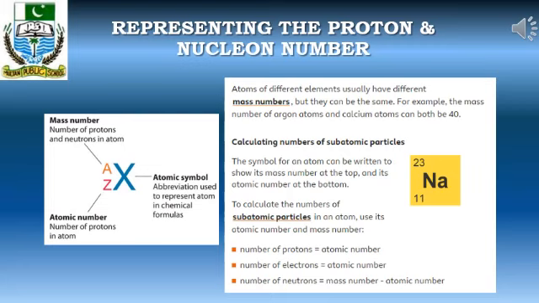You can see in the diagram that X is the chemical symbol of any element, and A written with the X is nucleon number or mass number, that is on the left of the symbol, and Z, that is proton number or atomic number, is also written on the left side of the symbol X.